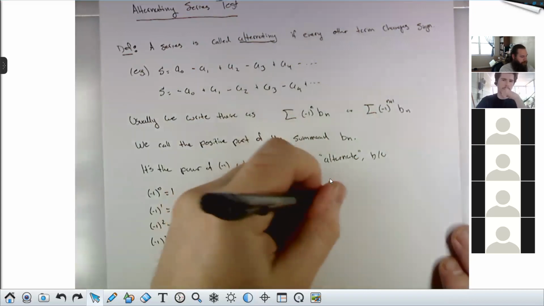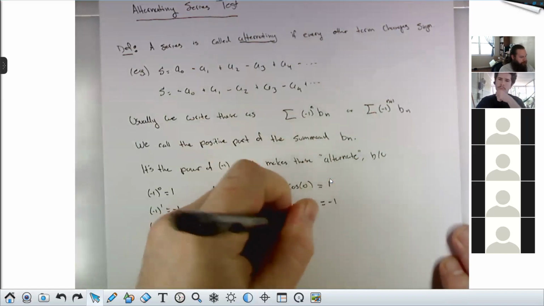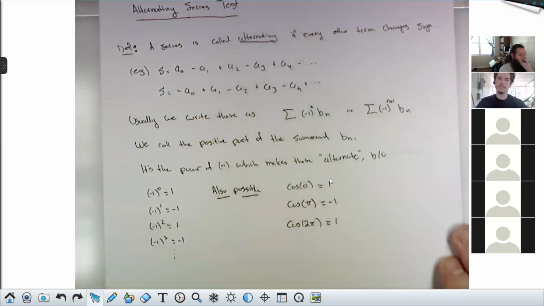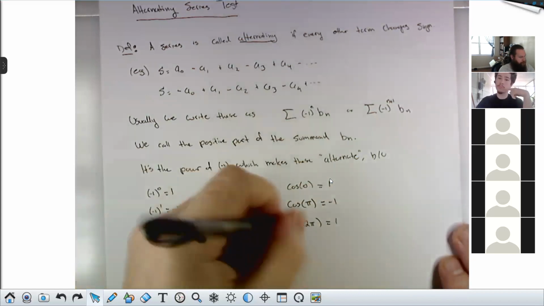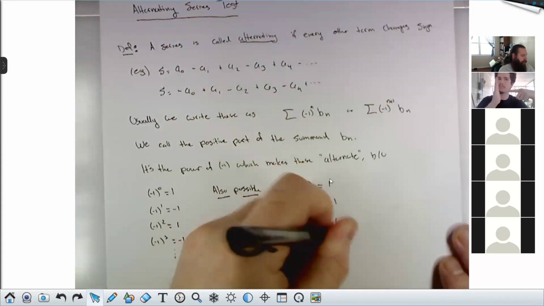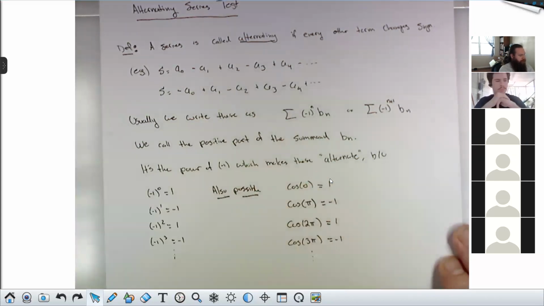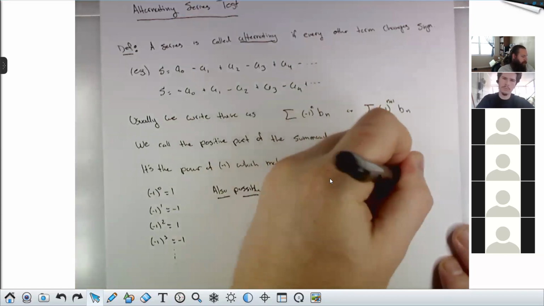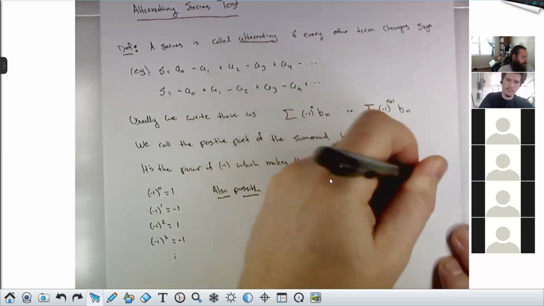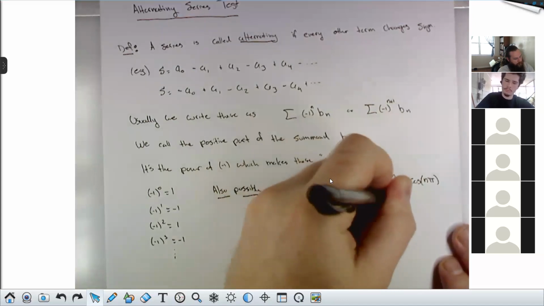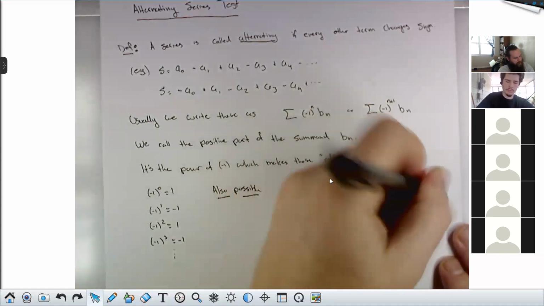Excellent, -1. The cosine of 2 pi? It's +1 again. Not 0, +1. Sine of 2 pi is 0. The cos of 3 pi? -1 again. So (-1)^n is actually equal to cosine of n pi for all integers n.